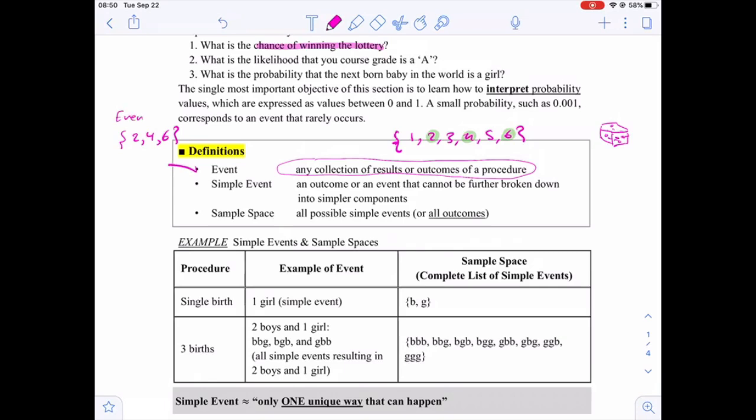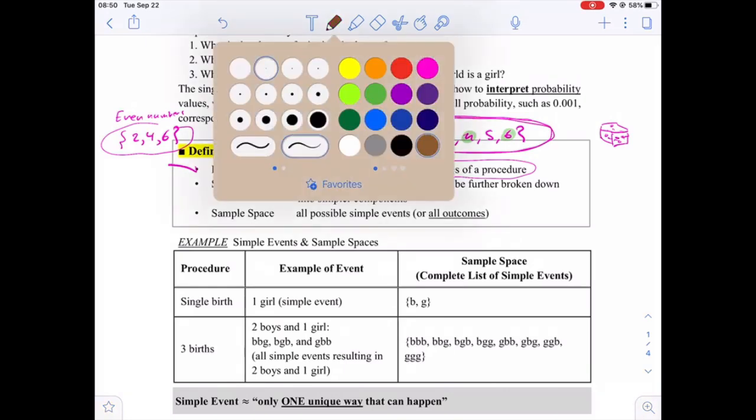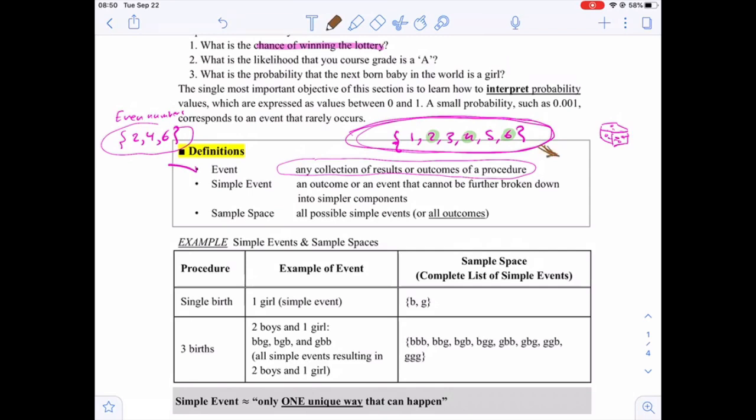This is the set of even numbers, and this is called an event. An event is a subset of all outcomes of some experiment. The set of all outcomes is called the sample space. So the sample space is the set of all possible outcomes, and the event is a subset of that. As you can see, 2, 4, and 6 is a subset of the sample space.